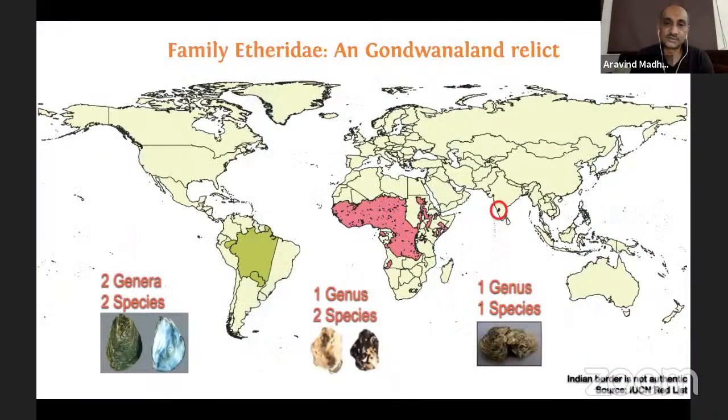This species is believed to be a Gondwanan relict, belong to a family Etheriidae, and its closest relatives are found in South America, where there are two genera and two species reported, and in Central African continent, where one genus and two species have been reported, and in Western Ghats, you can see that small speck, that's its current distribution, and one genus and one species been reported.